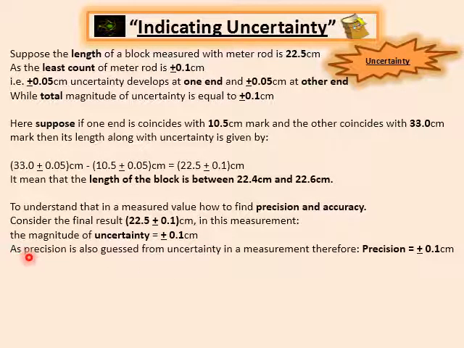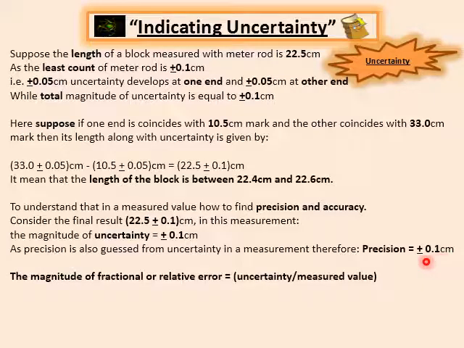As the precision is also guessed from uncertainty in a measurement, therefore precision is plus minus 0.1 centimeters. Now we have the basic formula here: the magnitude of fractional or relative error is equal to uncertainty divided by the measured value.